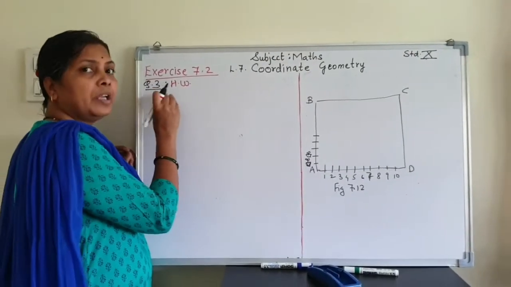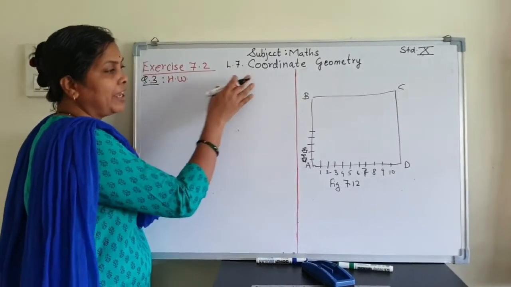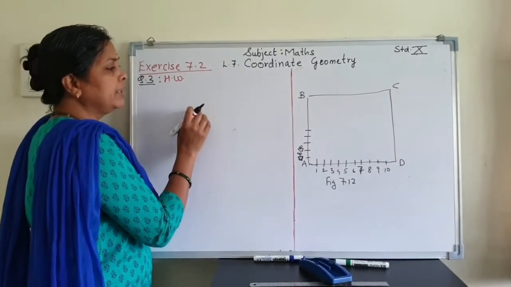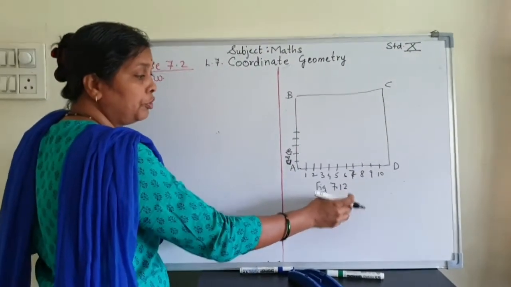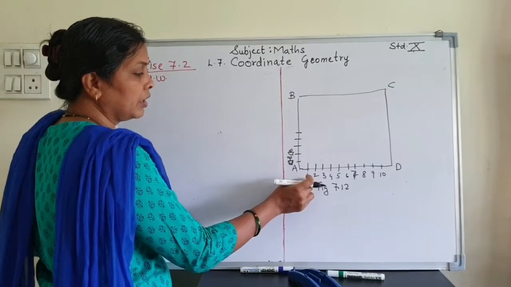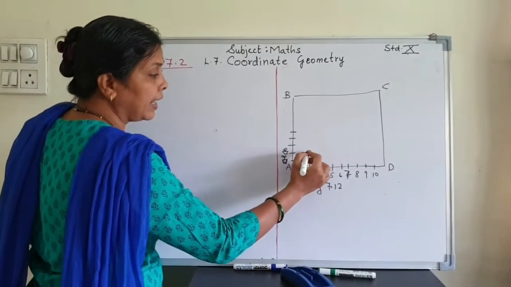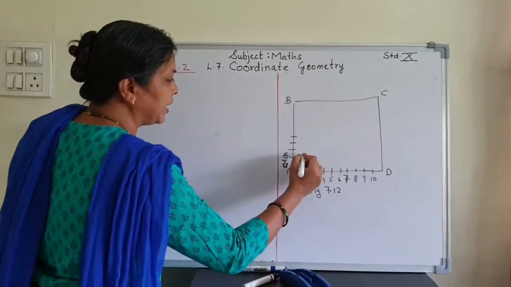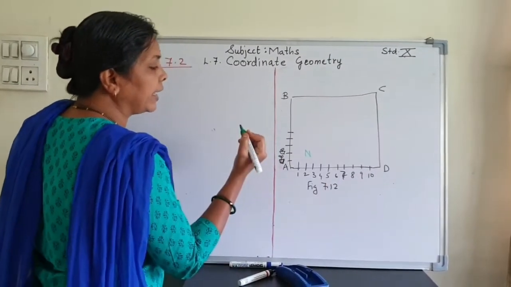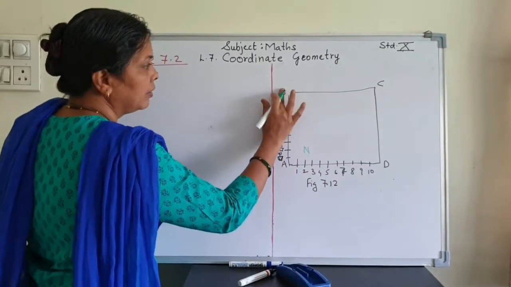Now, question 3 I have given you as homework, but before that, let me explain this question to you. In this question they have given figure 7.12, wherein Niharika's position is in the second line and 1/4 of AD.